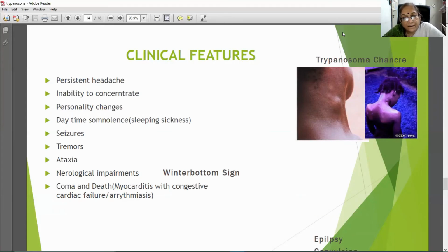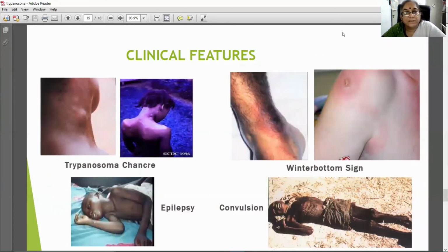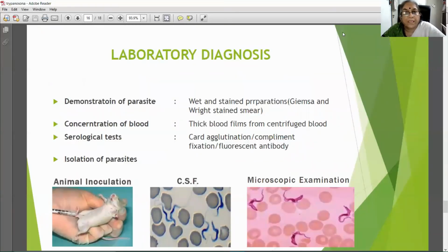Therefore, it attacks or binds to the myocardium, and therefore inflammation of this myocardium occurs, leading to myocarditis. You can see this trypanosoma chancre, Winterbottom sign. This is epilepsy. This is convulsion. So these are all the clinical features that are seen in this sleeping sickness.